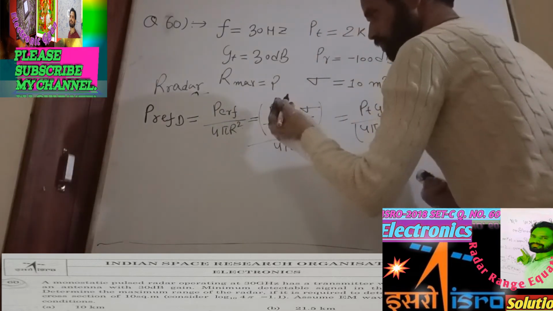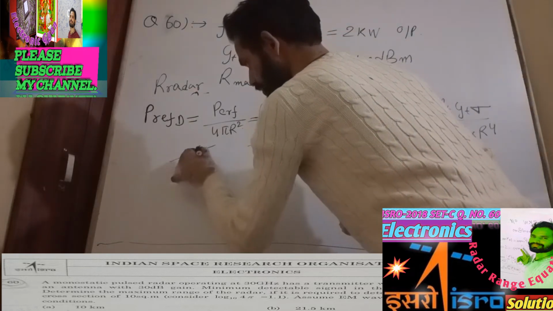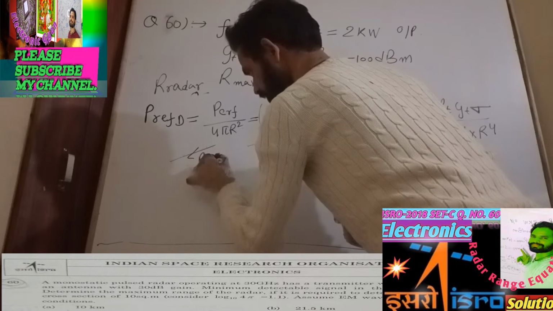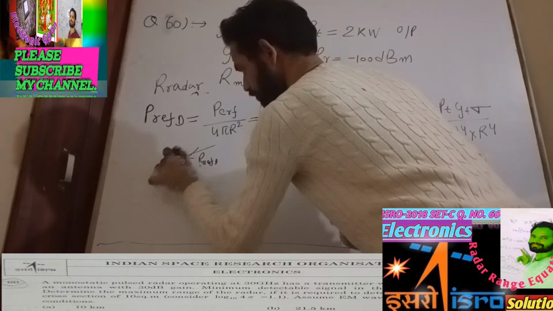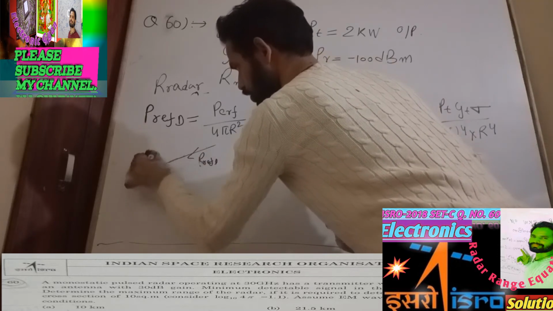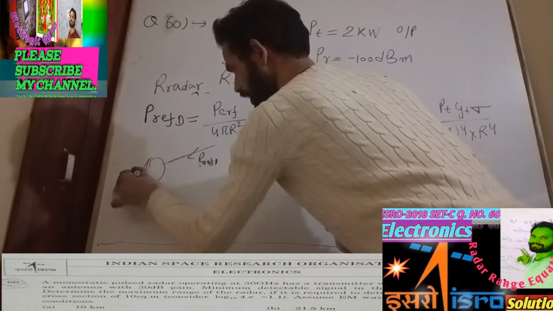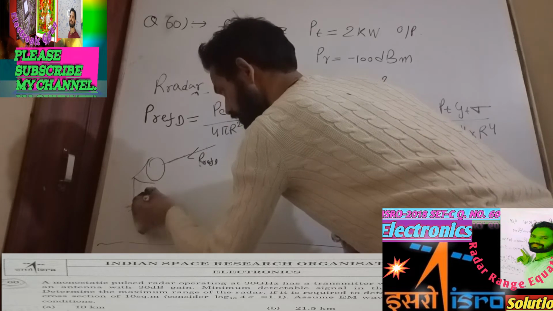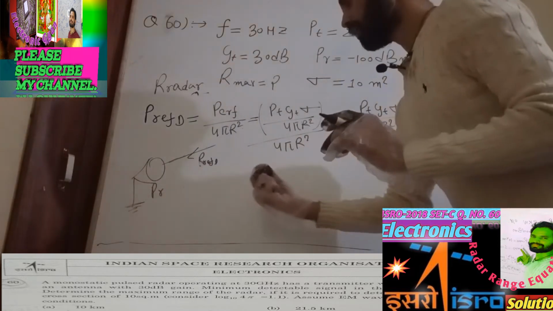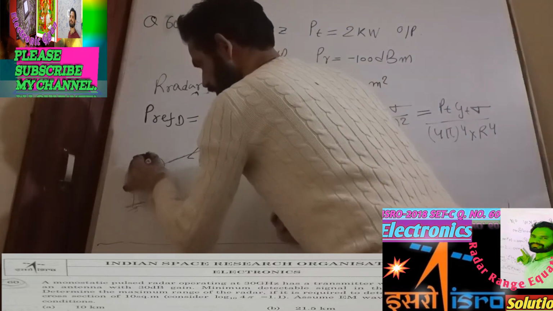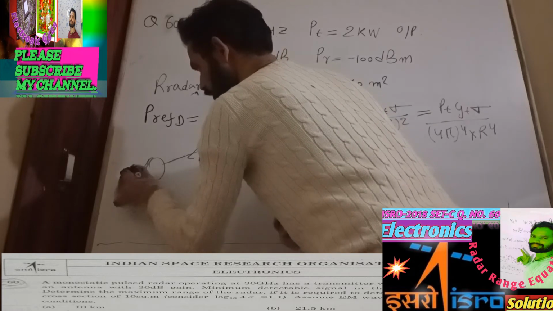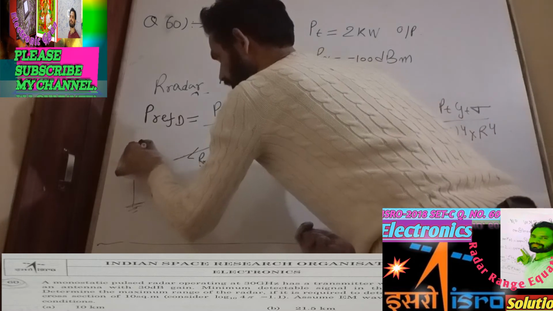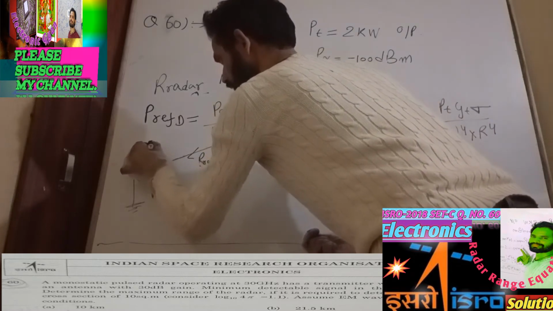Now what is the reflective power? This is my P reflected power density. This power is reflected toward the receiving antenna. This receiving antenna has power PR, with effective aperture area AE.